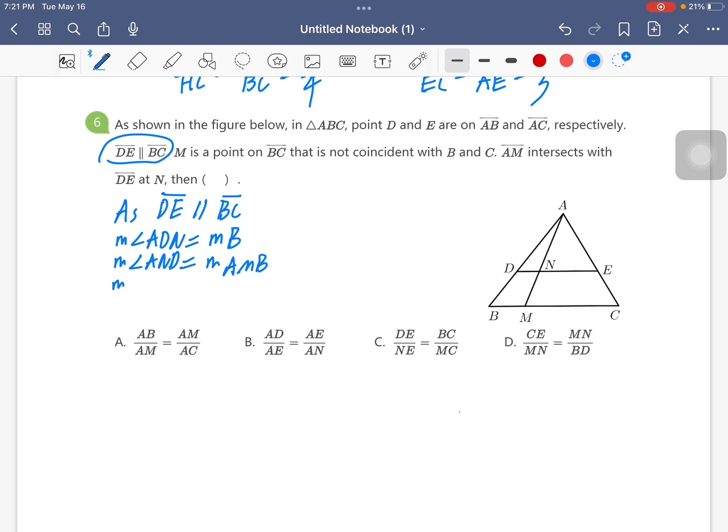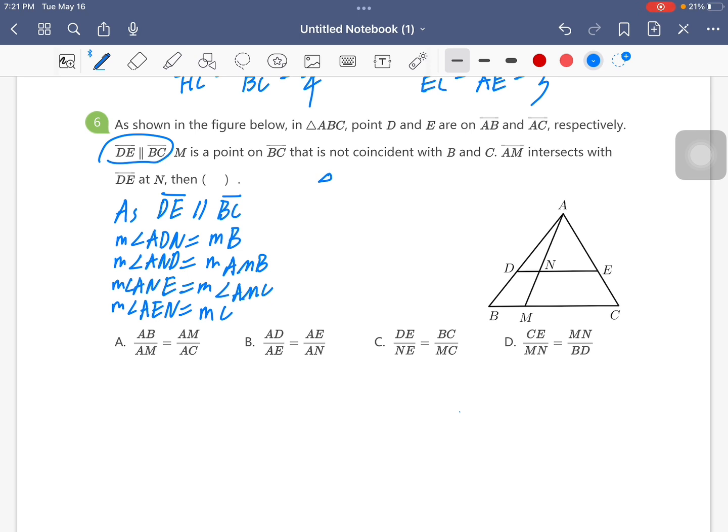We can have the angle ANE equals the angle AMC, and the angle AEN equals the angle C. Therefore, by AA, it's really easy to prove there are three pairs of similar triangles.